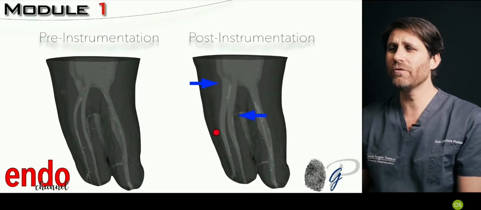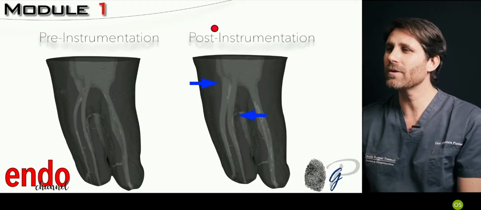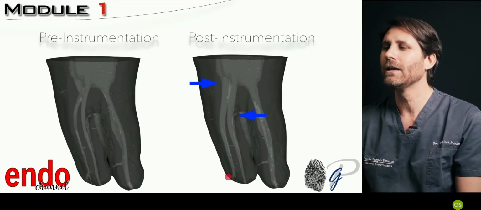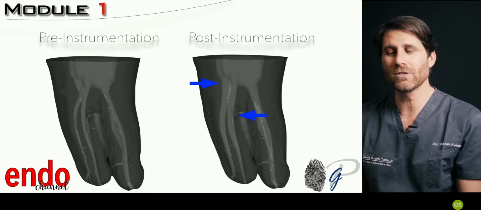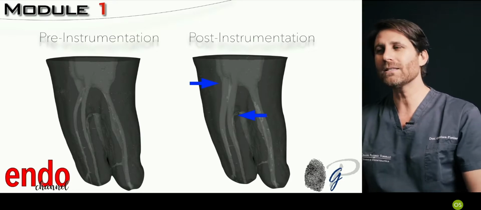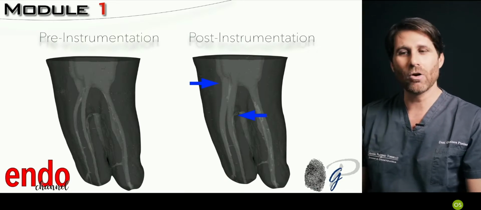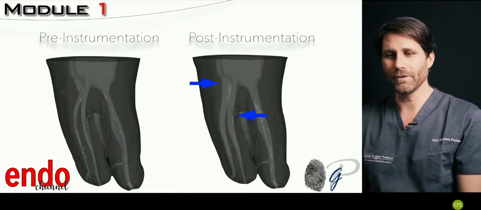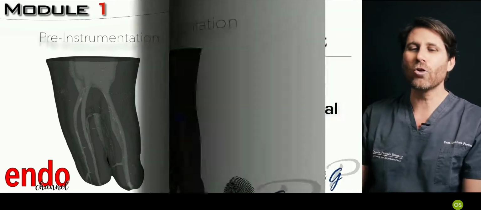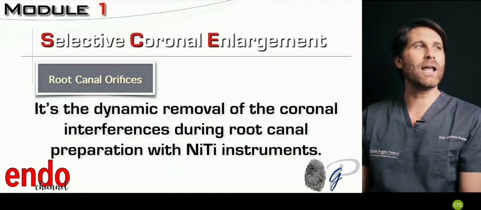No need to remove this triangle of dentin to permit an instrument to go inside the root canal straight because of the limits of the instrument. Today we have instruments that permit us to follow this coronal curvature and the apical curvature the same because of their properties. This concept, I call it selective coronal enlargement.